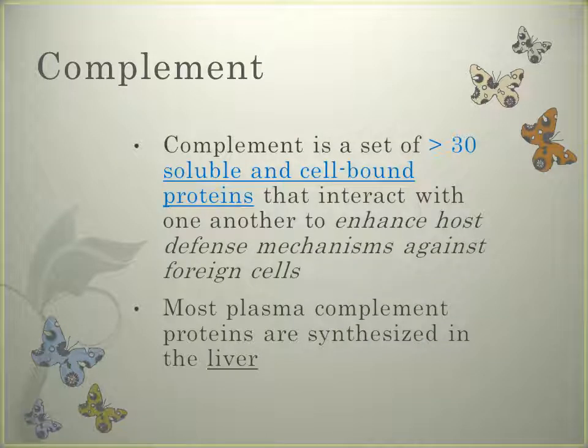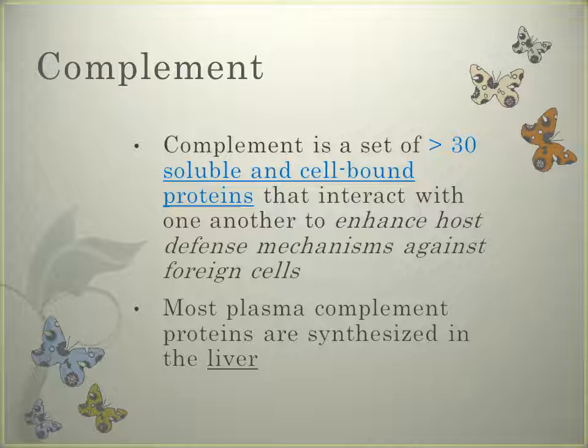So now we know that complement is a set of around 30 proteins, some of which are soluble and some of which are cell-bound. They interact with one another to enhance host defense mechanisms against foreign cells. Now, don't spend any time on the 30, it's inconsequential. It's just to give you this mindset that there are a number of these components involved.